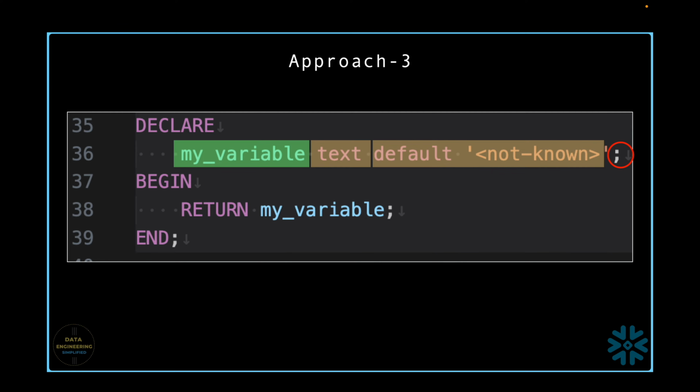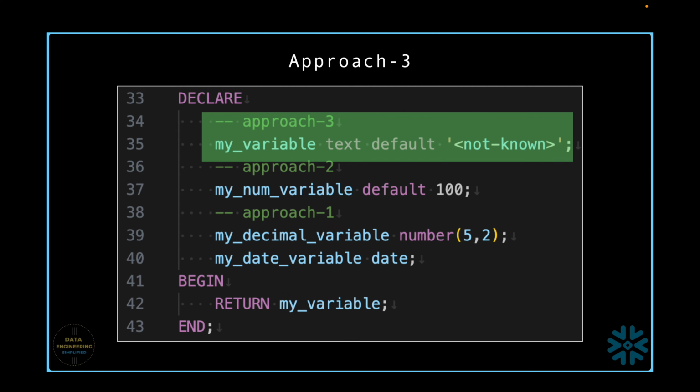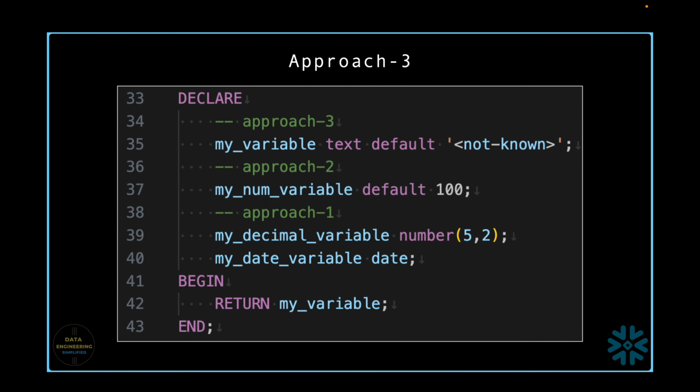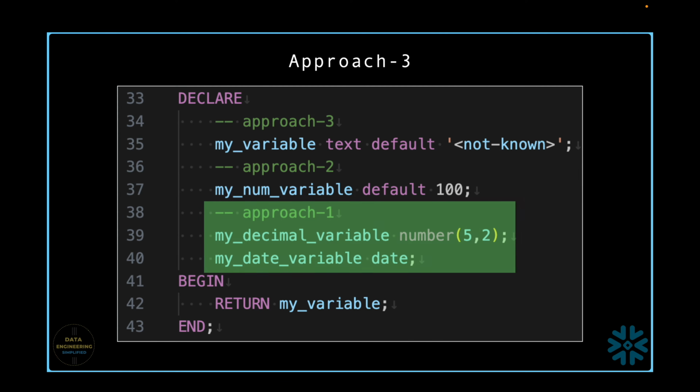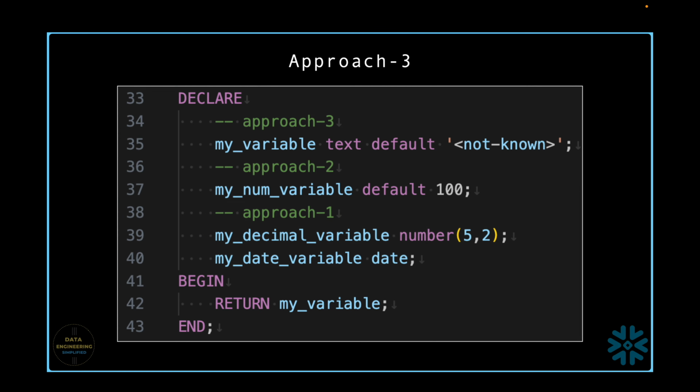When this is compiled, the data type is inferred dynamically from the expression, and if the data type declared here is different from the data type inferred from the expression, then this entire line will end with an error. You can mix approach 1, approach 2 and approach 3 as per your requirement, and again Snowflake does not have any restriction following this mixed approach.